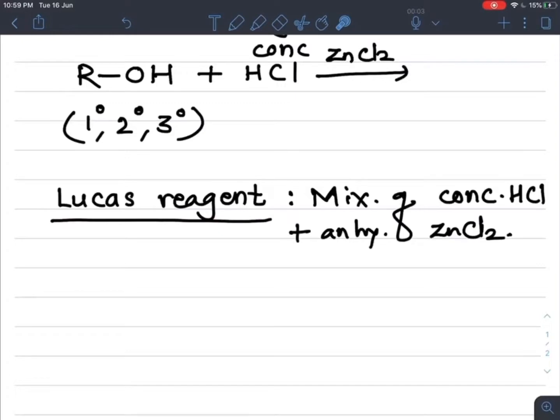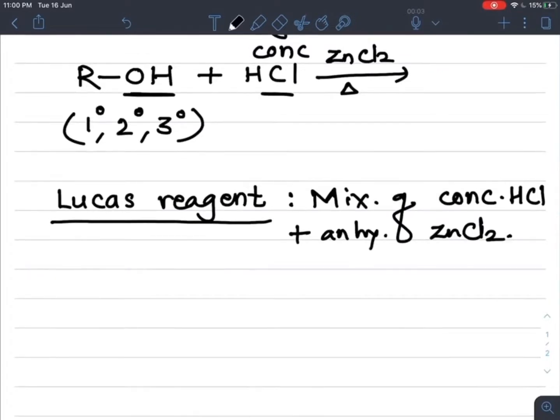Any alcohol, when treated with this Lucas reagent, if it is a primary alcohol, then the mixture is heated. Then the OH is replaced by Cl, but it is not easy, and that's why the zinc chloride catalyst plays a very important role in the removal of OH from the alcohol.